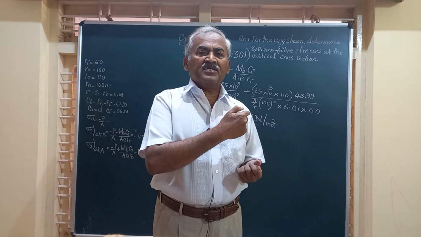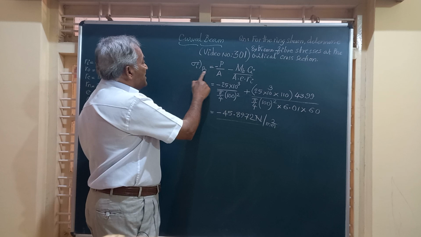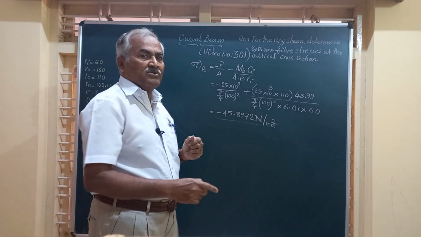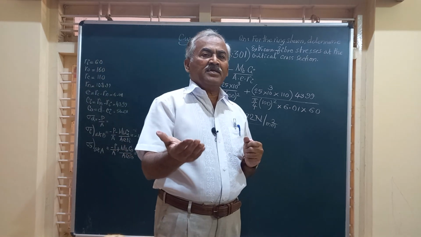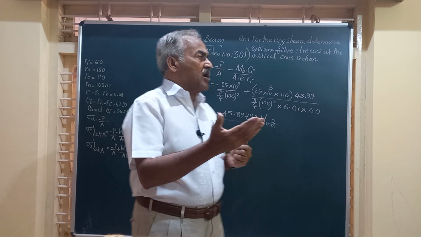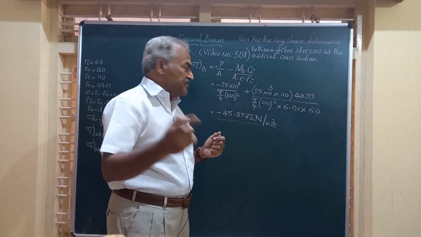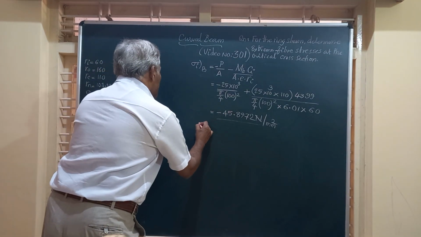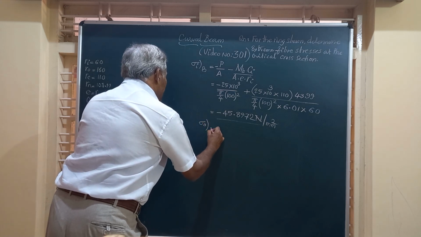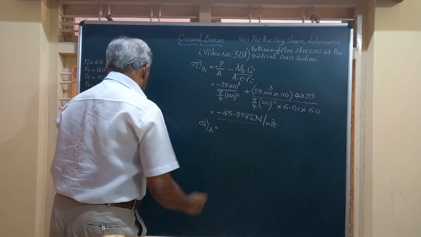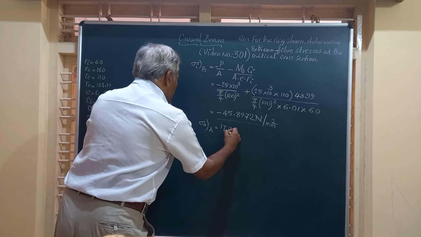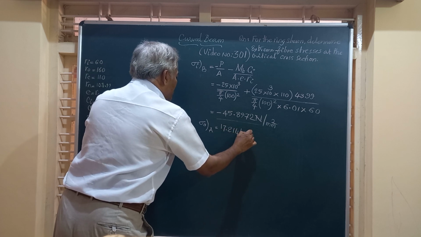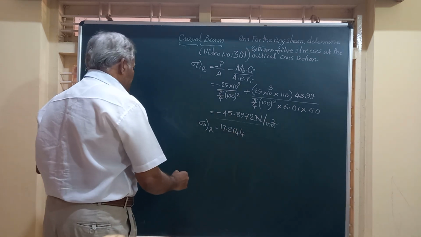For example, in this case, the stress at the inner fiber is negative, and very obviously, the stress at the outer fiber should be positive, and we got a value sigma O at A, the external fiber, as 17.2144. This is the value we got.